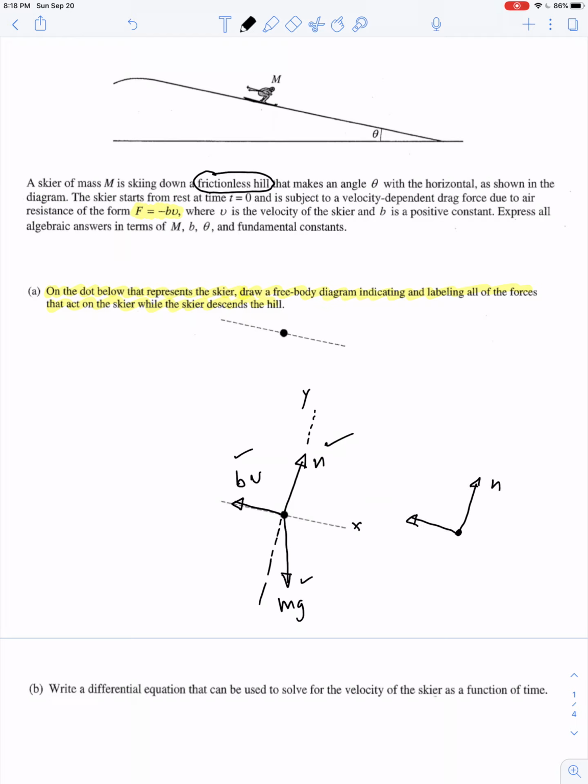Normal force. Oh, this is a little sloppy. Let me try again. Normal force. Mg sine theta. Mg cosine theta.